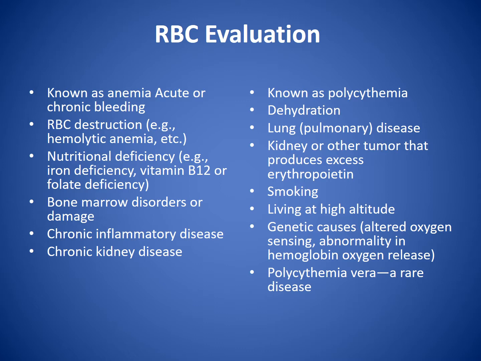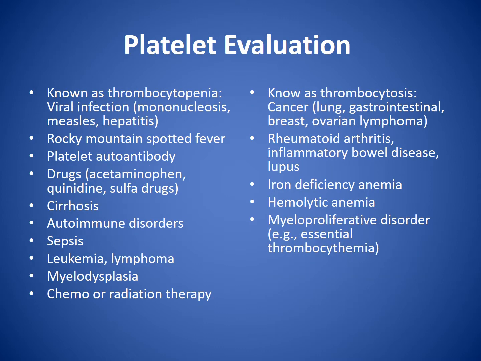On your left, we have what causes things to be low. Well, this is where your anemias come into play, and we have a lot of different types of anemias. We also have the component of nutrition that comes into play, chronic kidney disease, and also inflammatory process, which can affect our RBCs. And the platelets, we have the same process occur.